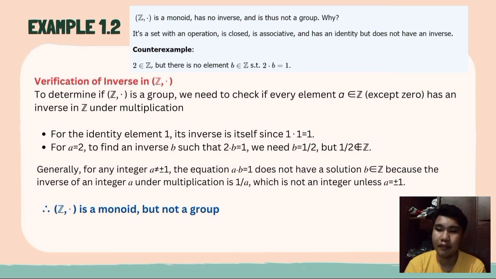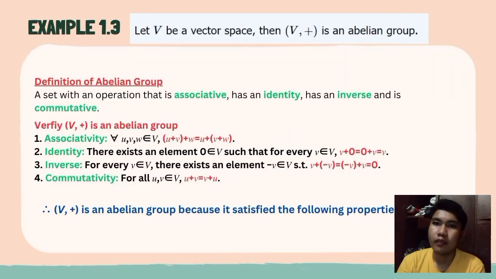B is not an element of the integers because the inverse of an integer A under multiplication is 1 over A, which is not an integer unless A equals positive or negative 1. So therefore, the set of integers with multiplication is a monoid but not a group.